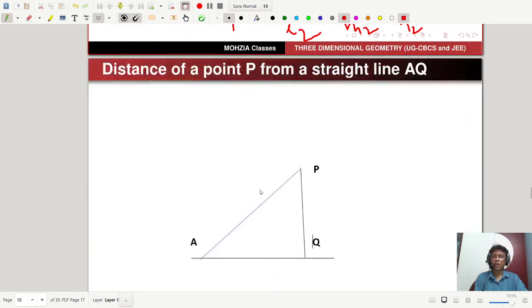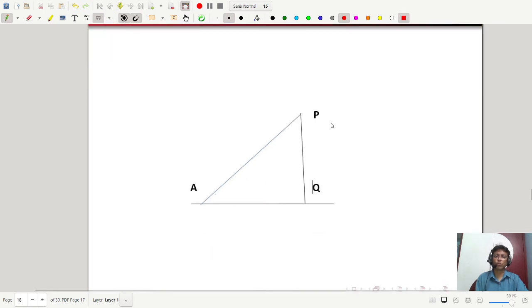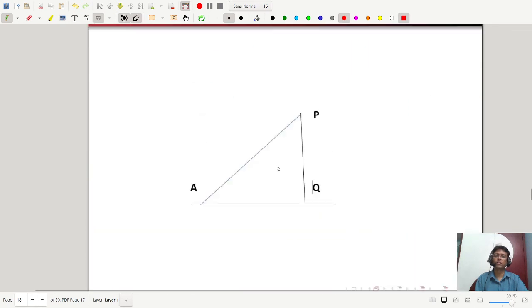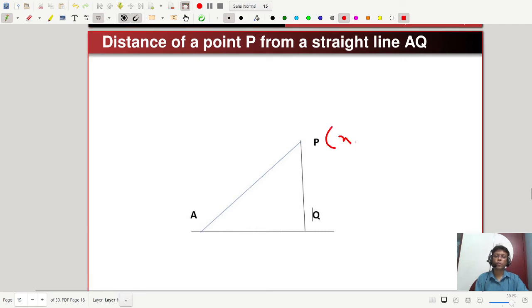Next. Now I will talk about the distance of a point P from a straight line AQ. So P is a point and AQ is a line. Here P is any point x1, y1, z1.